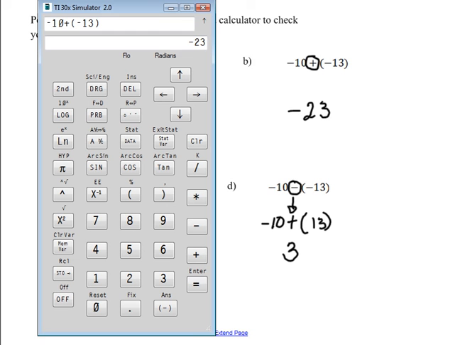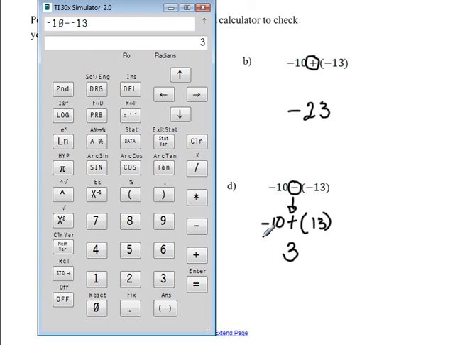If I enter that, I end up with negative 23. And then in our last example, negative 10 minus negative 13, we have negative 10, and we're going to subtract negative 13. This time I'm not going to use the parentheses just to show you it will work either way. So negative 10 minus negative 13 equals, again, we have the positive 3.